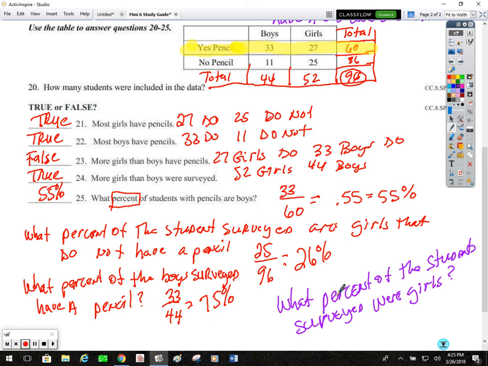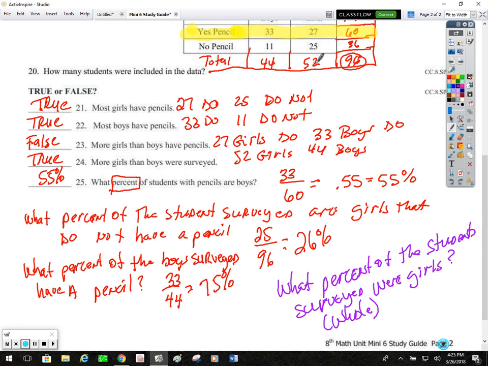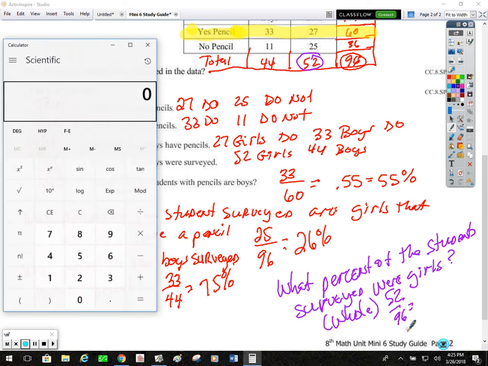All right. Well, when we're asking that question, we're asking out of the whole, because we want to know out of all of the students surveyed, what percentage were girls. Well, if I look right here, there was 52 girls out of 96 surveyed. So 52 over 96 would be my fraction. And 52 divided by 96 is 0.54. And if we move our decimal again 2 places to the right, and round, we get 0.542.